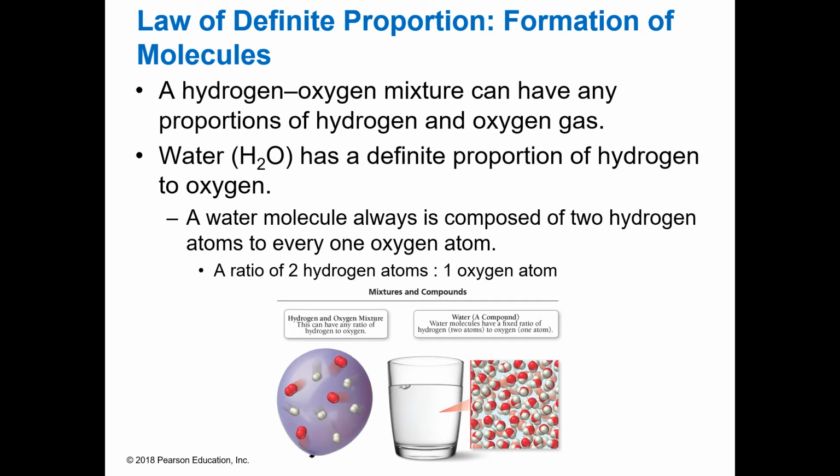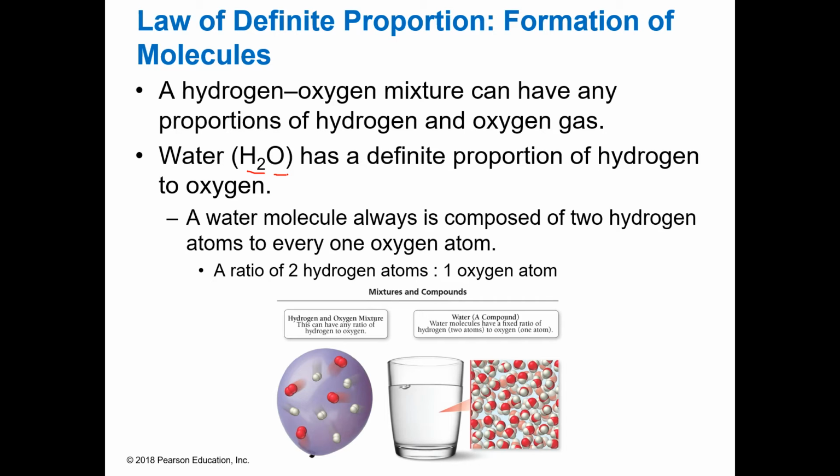Whenever we put together a molecule, it follows what we call the law of definite proportion. And that is that the proportion of your elements in a molecule are always going to be the same. Meaning water is always going to have 2 hydrogens to every 1 oxygen. That's the law of definite proportions.